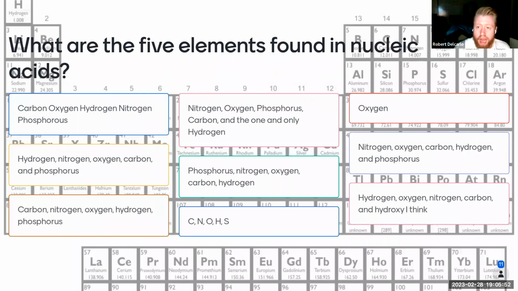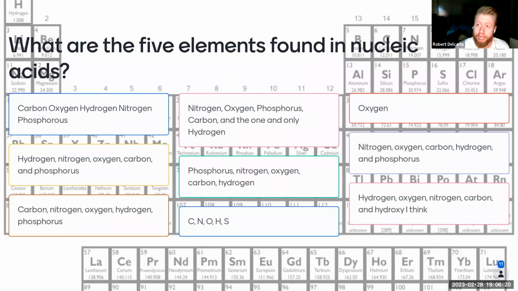That is true. Oxygen is one atom that we see. We've got an answer down here about sulfur being a component of this. Not sulfur. The missing one from there is phosphorus. Phosphorus is the element that forms a component of the molecule phosphate that is used for those phosphodiester bonds.